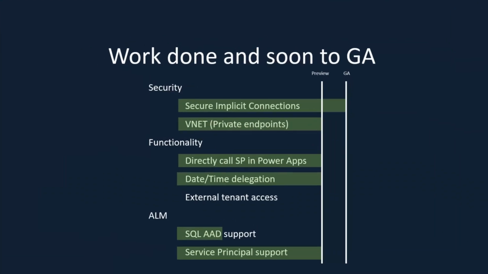Basically, we finished secure implicit connections, VNet, which Ritesh was just speaking about, direct calling, date time delegation, which is a long-standing issue, external tenant access, and then a big one, which is SQL AAD/Entra support, which we're right in the middle of developing, and then service principal support, which allows a service principal to run apps.